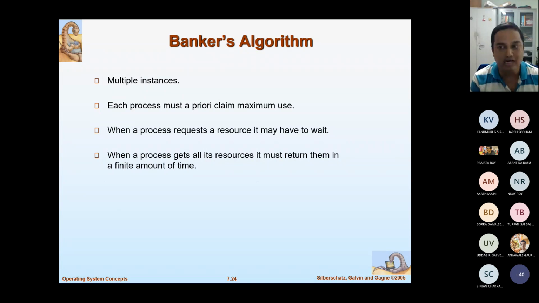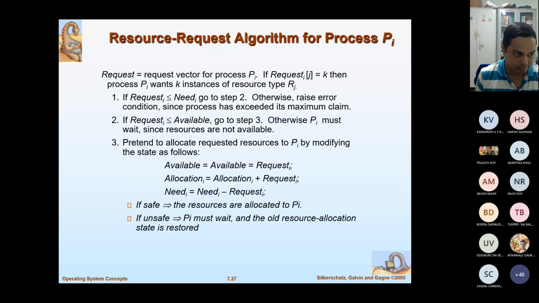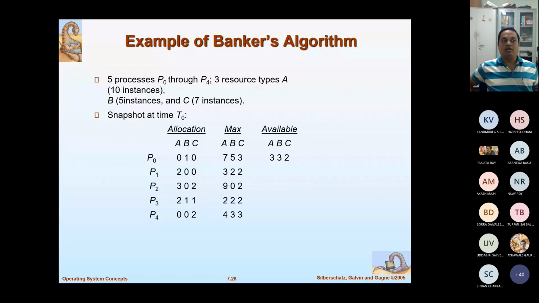It will not be sent to the run state. So before sending a process to the run state, it will check its maximum requirement of resources. Take the example of Banker's algorithm. Suppose there are 5 processes: P0, P1, P2, P3, P4.